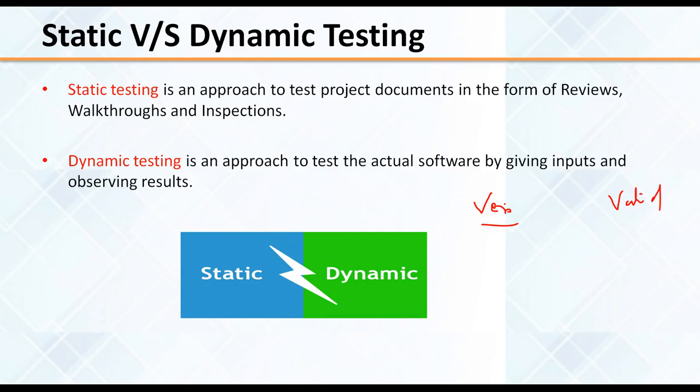As I said, in verification we are testing the documentation, and in validation we are testing the software according to the customer requirement. Static testing means testing the documents. Documents are always static, right? Once you have created the document, that is static. So conducting reviews, walkthroughs and inspections on the document is called static testing.